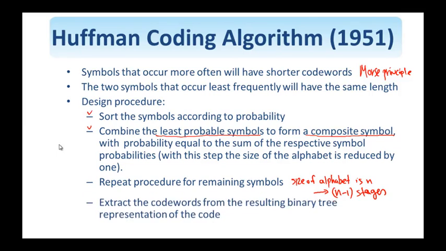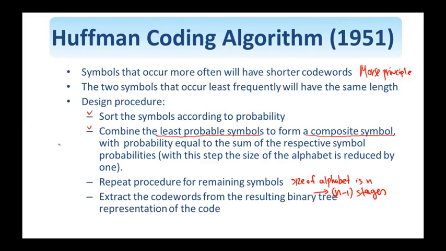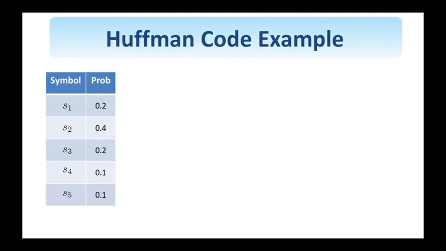And finally, after we combine the last two symbols, we're going to see the binary structure of the tree, and assigning zeros and ones to the left and right branch as we did earlier, the code is going to jump out. So let's look at a couple of examples where we'll apply this procedure and see that indeed it's quite straightforward to produce Huffman codes.